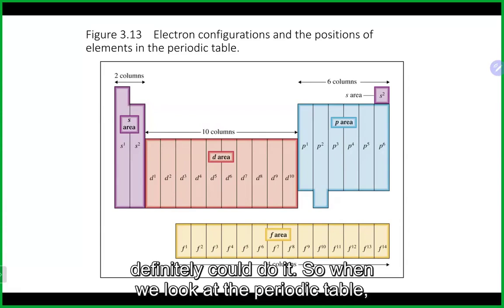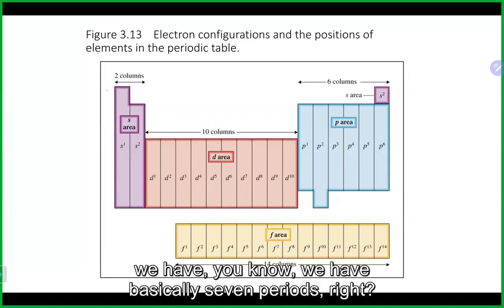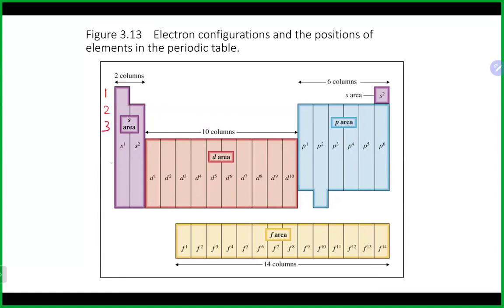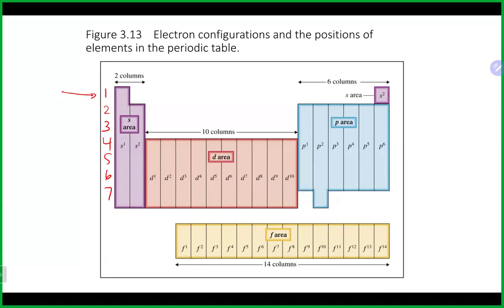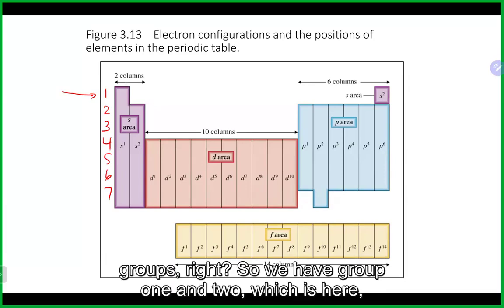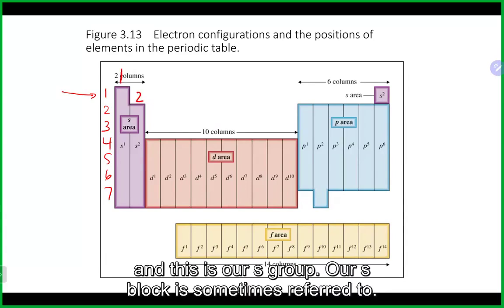When we look at the periodic table, we have basically 7 periods, and these periods represent our energy levels. And we have our groups. So we have groups 1 and 2, which is here, and this is our S block, as it's sometimes referred to.